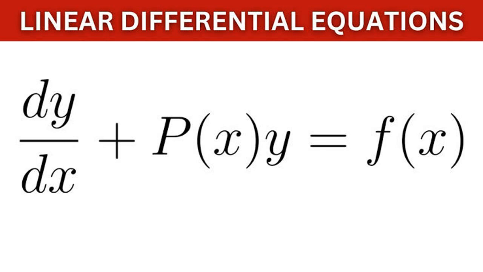Now, in the homogeneous realm, where q of x is equal to 0, you can have a linear homogeneous DE and a non-linear homogeneous DE. You get it? So in the homogeneous realm, you can have the linear version and the non-linear version.